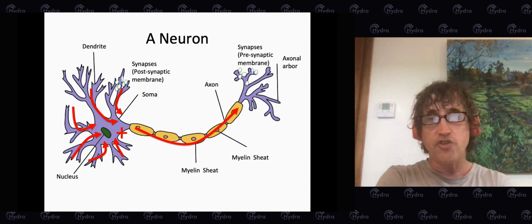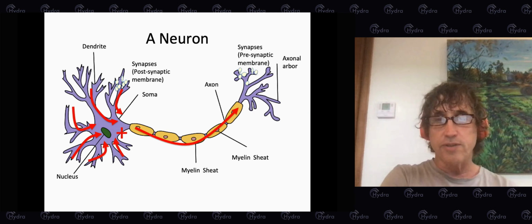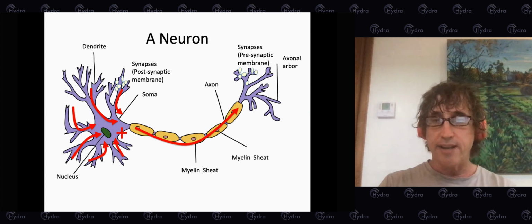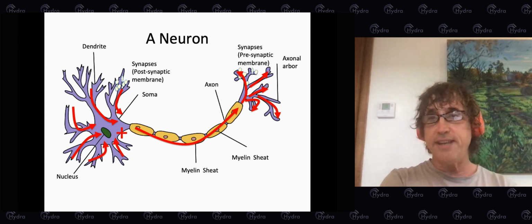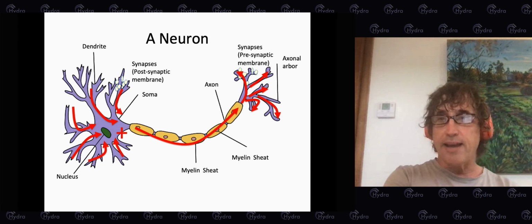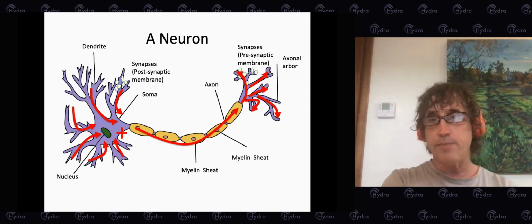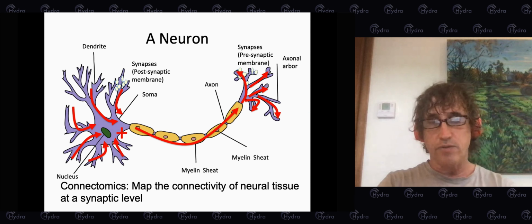So there's a decision based on a threshold, and then boom, it fires and sends an electric pulse down the axon to the synapses along the axonal arbor. And these synapses send messages to the next neuron down the road.